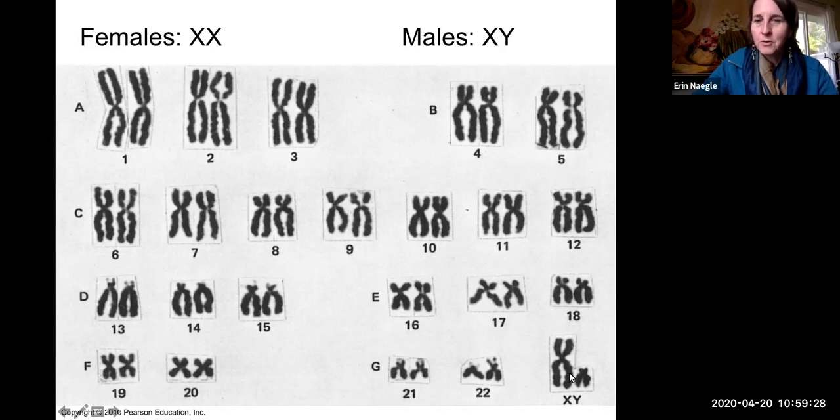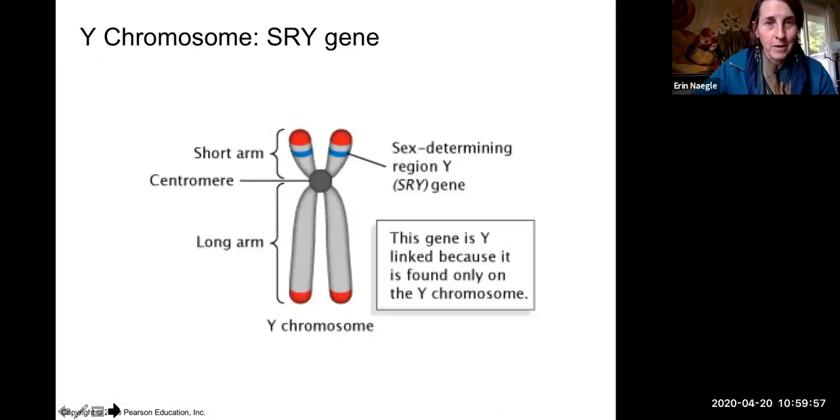So females have 2 X chromosomes. So females still have 2 copies of every gene. Males are different in that they have 1 copy of all of the genes on the X chromosome and then 1 copy of all of the genes on the Y chromosome. And those genes are different between the X and the Y chromosome. So what makes a male male is the presence of a Y chromosome. Why is that? Well, the Y chromosome has a few genes on it that are critical to male development.